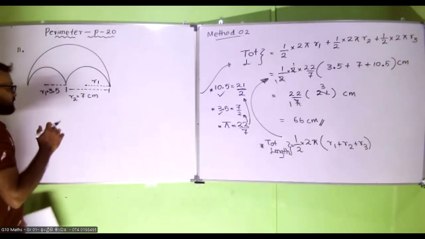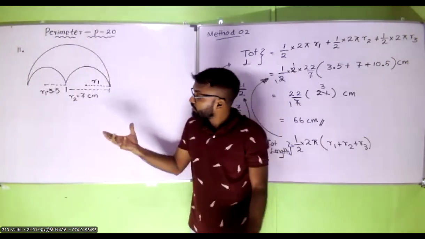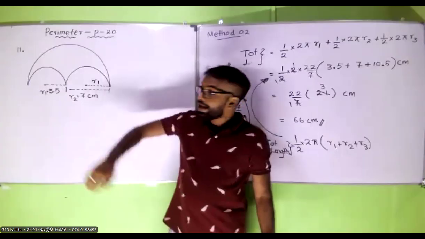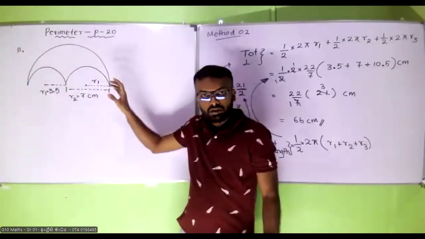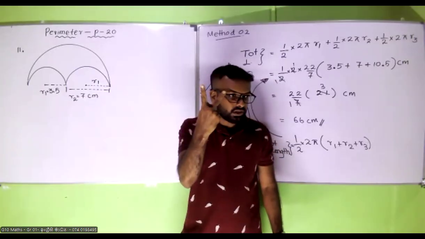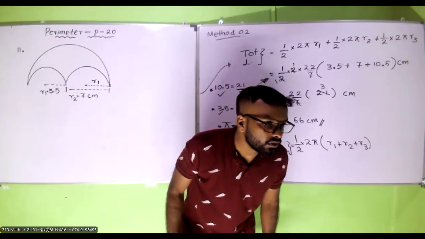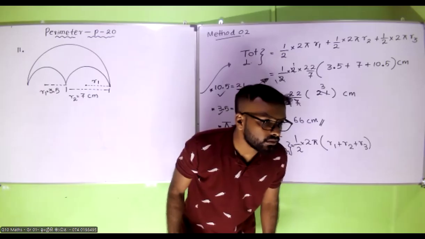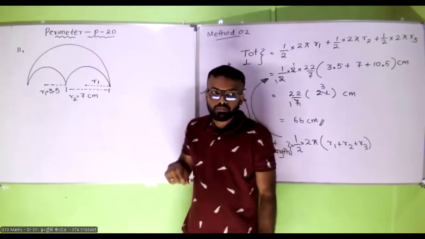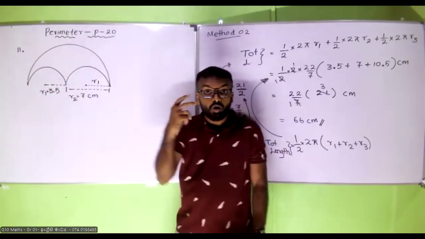The thing you need to know is analyzing the question: one big half circle, small two half circles.